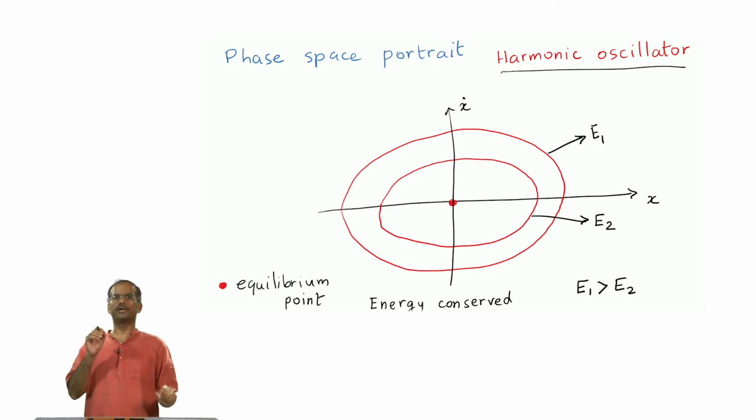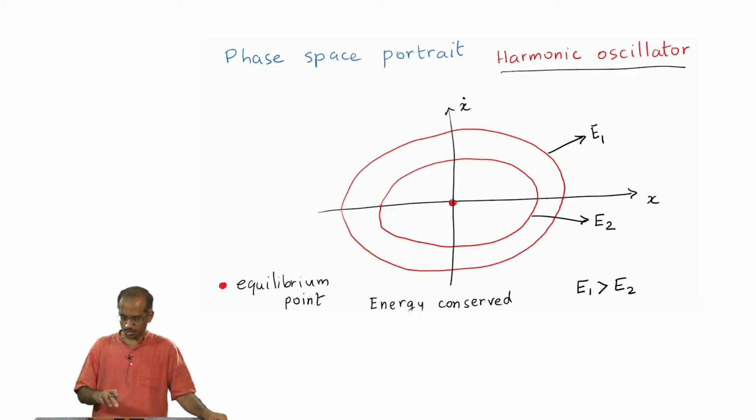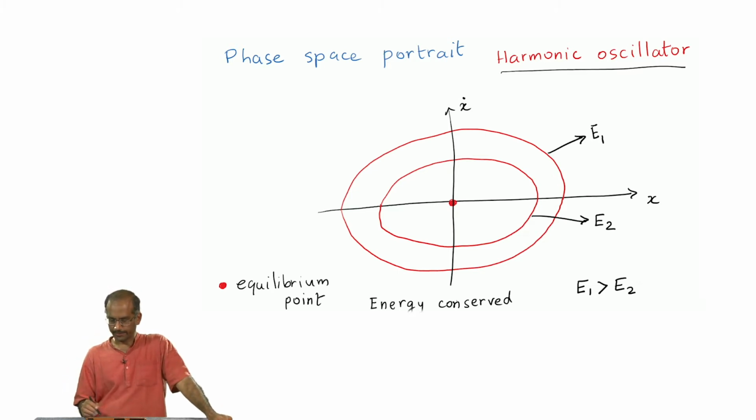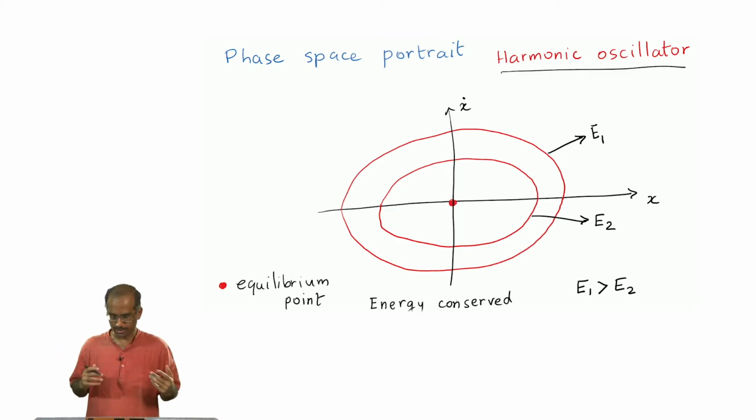For every value of energy that you choose, remember that in the harmonic oscillator energy is a constant, you can draw one curve here, and all these are closed curves and reflect the fact that the system gives periodic orbits. Both these curves I have labeled by E1 and E2 corresponding to two different values of energy.